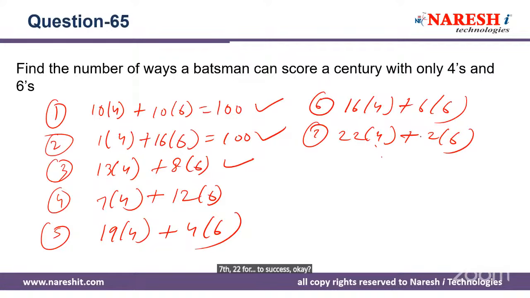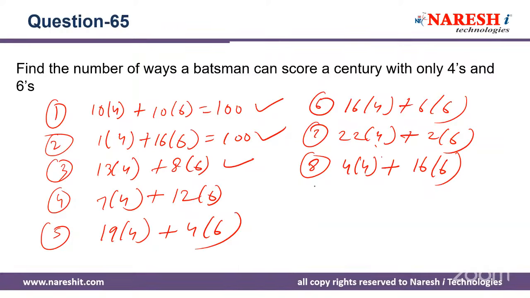Okay. Any other answer? 25 fours is not possible because it should have a minimum of one six. I think we can also have 4 fours, 16, plus 14 sixes, 84.